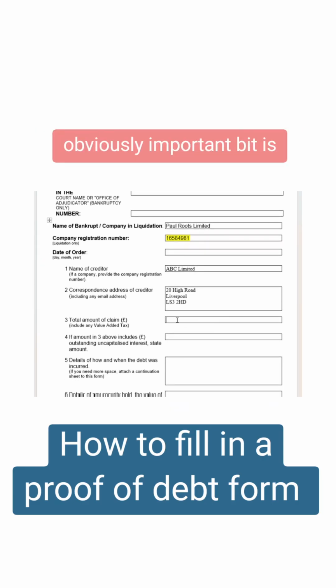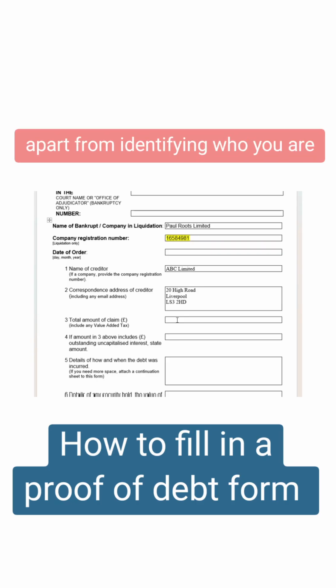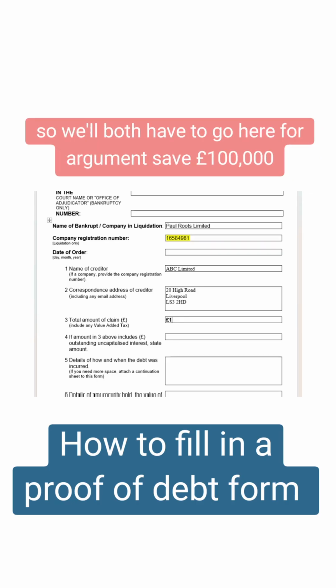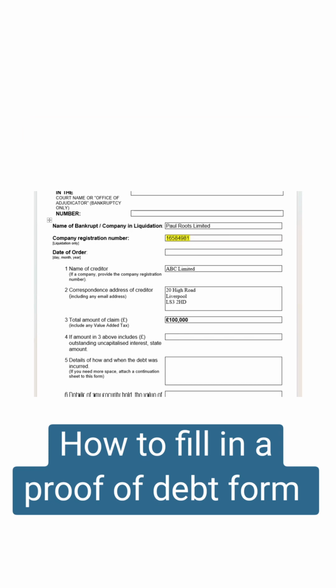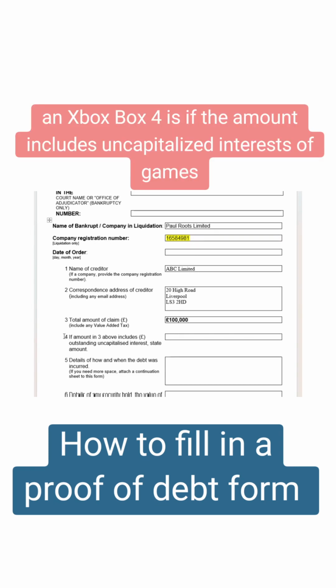Now, the important bit, apart from identifying who you are, is the amount that you are claiming. So we'll put in a figure here, for argument's sake, £100,000. The next box, box 4, is if the amount includes uncapitalised interest.